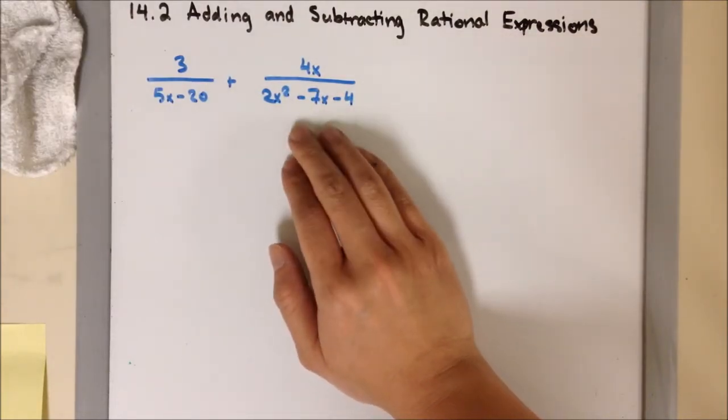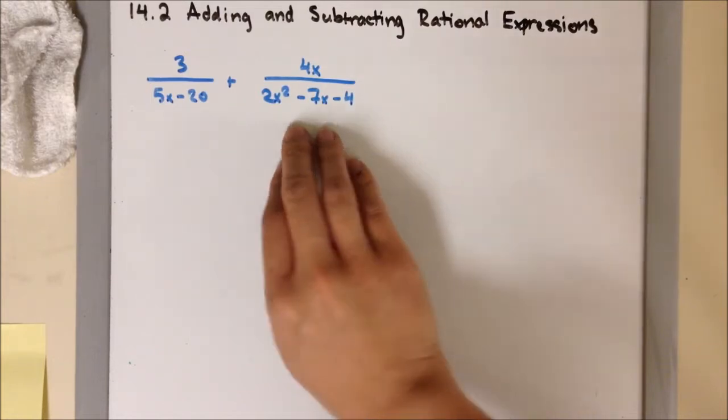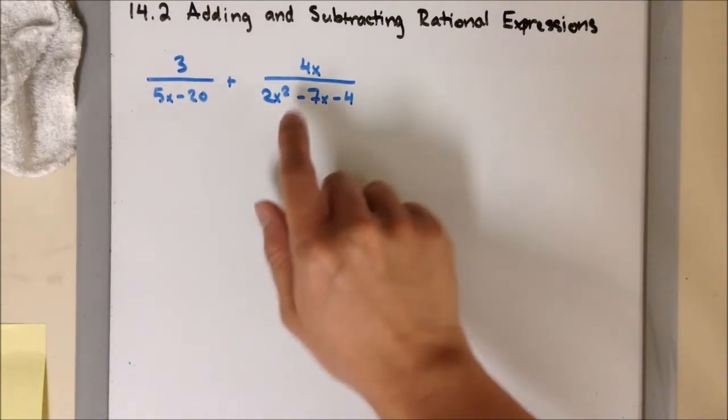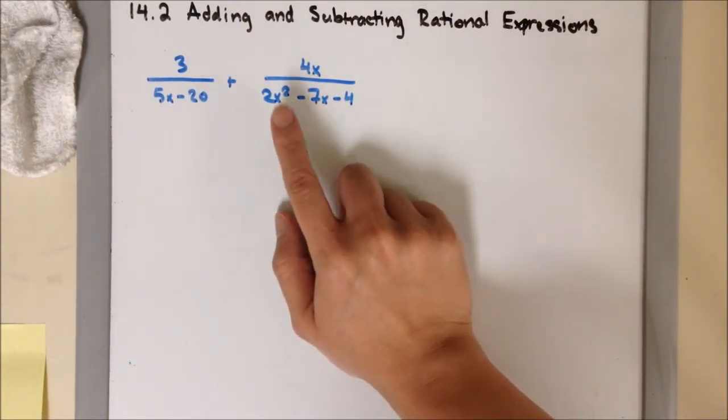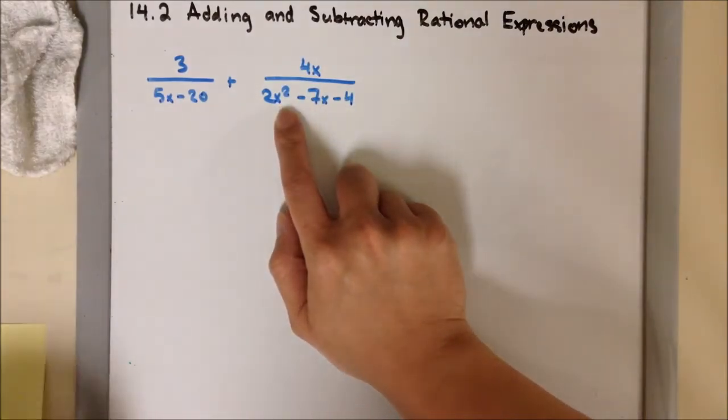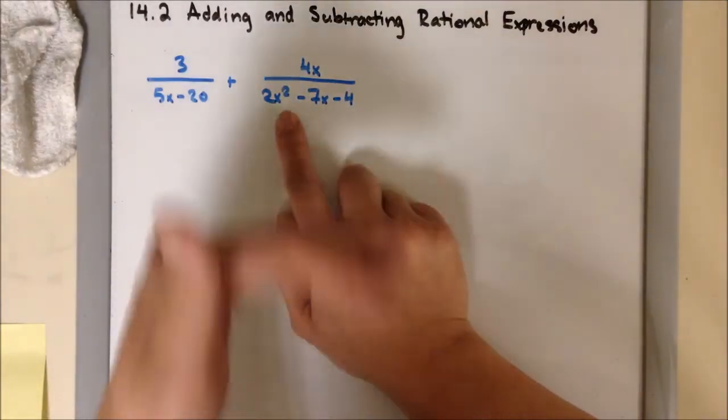Now, what's similar to the last section is that we're going to do some factoring. In the first one, we're going to factor by GCF. And on the second fraction, we're going to factor the trinomial, because we have 3 terms and an x squared. I'm not going to do the work here.